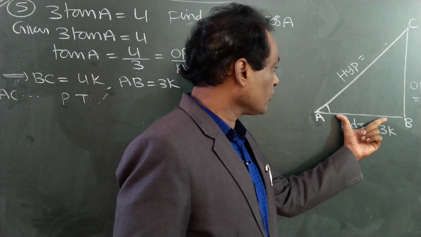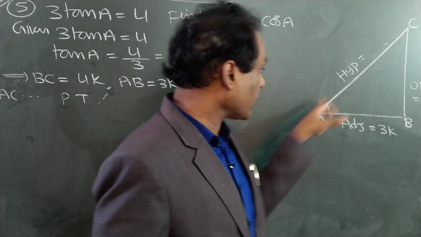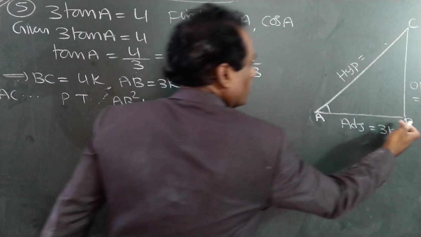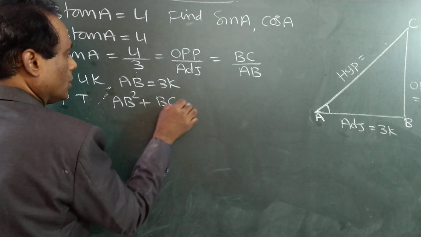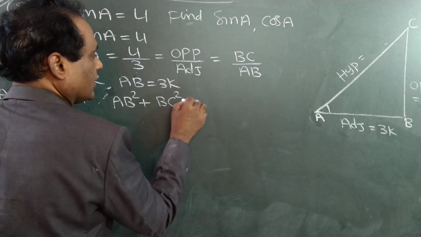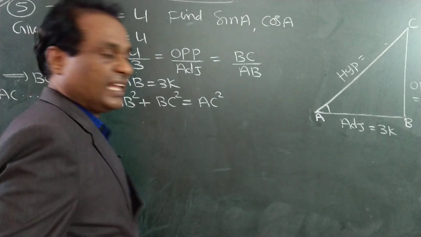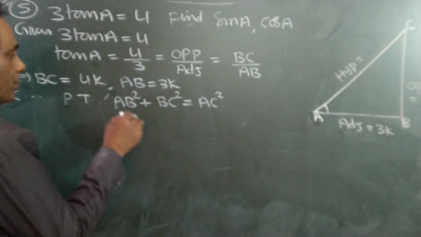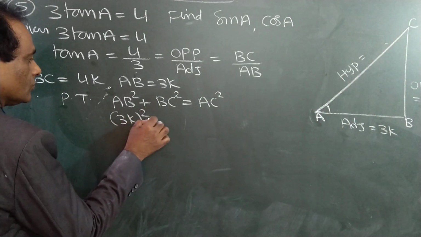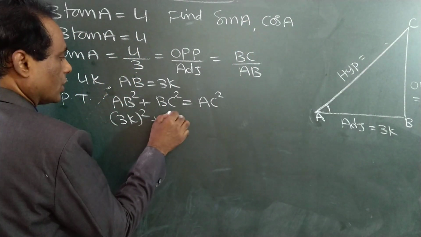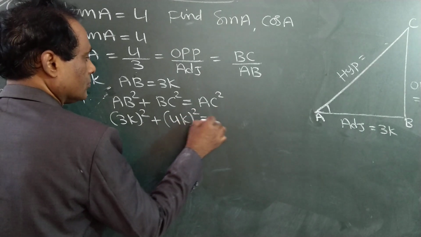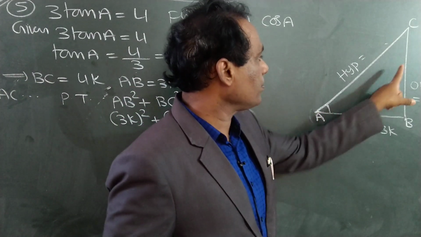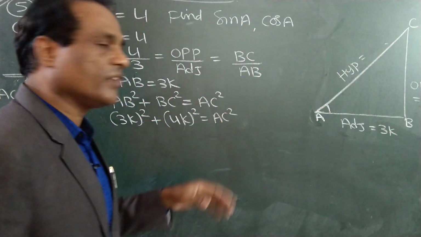Adjacent, this AB, small side square plus small side square is equal to hypotenuse square. That means AB square plus BC square is equal to AC square. What is AB? 3K. What is BC? 4K. AC we don't know, we have to find.